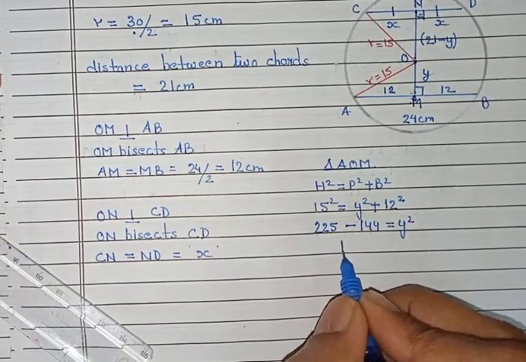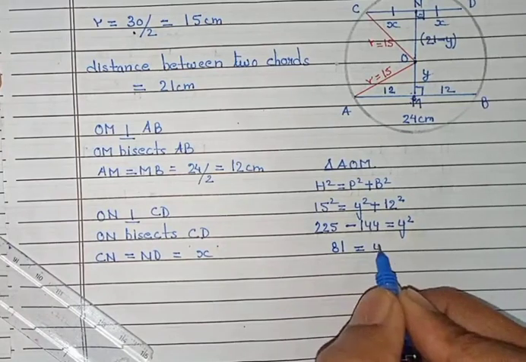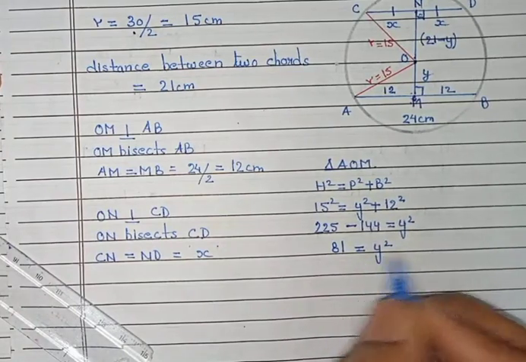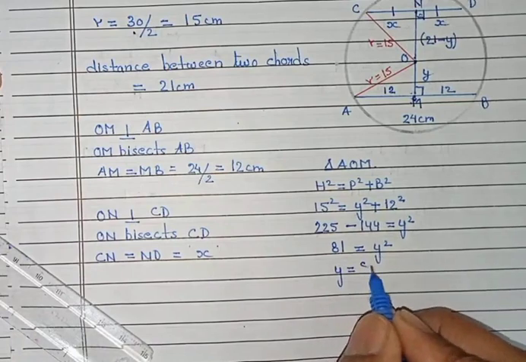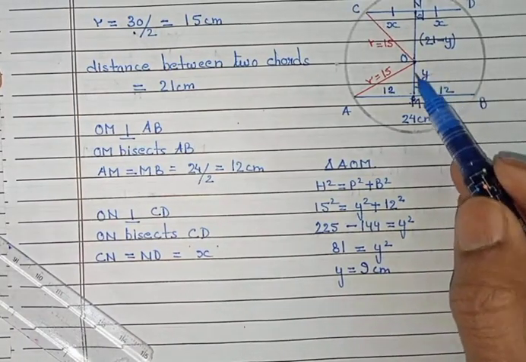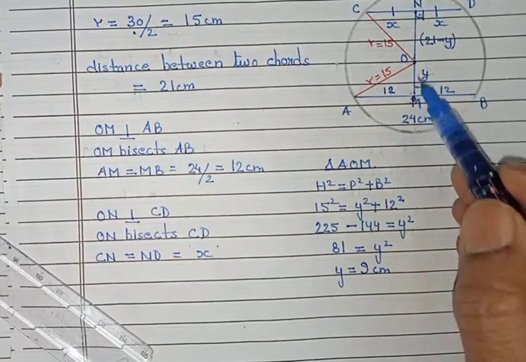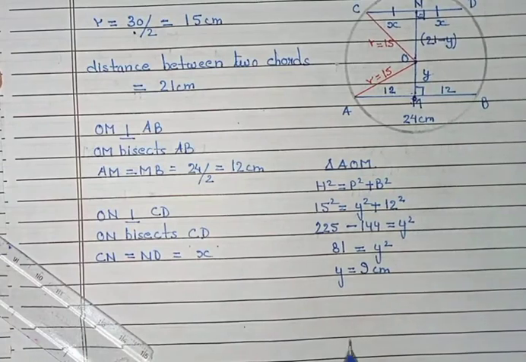So this will give you 81. So Y is equal to 9 centimeter. So we have got distance of the first chord from the center. So the distance of first chord from the center is 9.